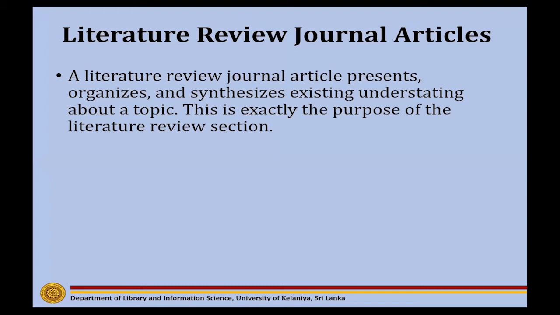For example, if it is a systematic literature review process, then it shows us what key terms they have used, how many databases they have used, and what findings they found from the literature, right? Basically, they conduct the study based on the previous literature, and then it will show us how they have conducted that study.